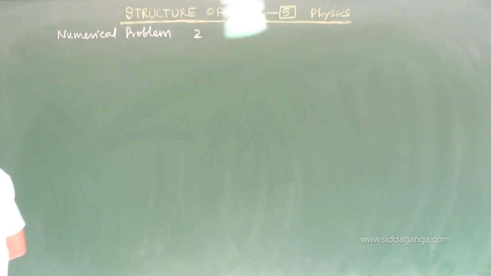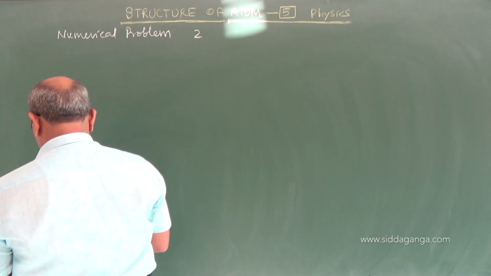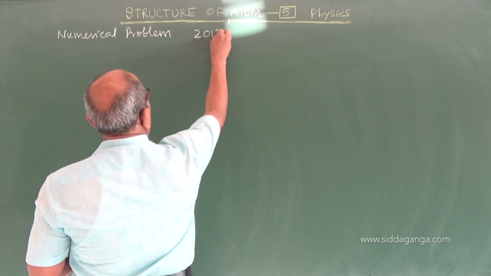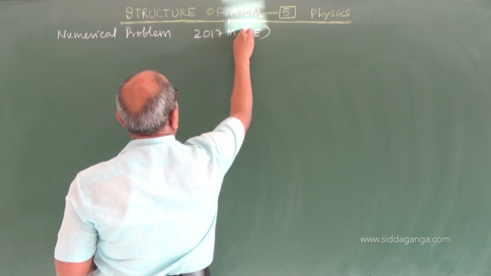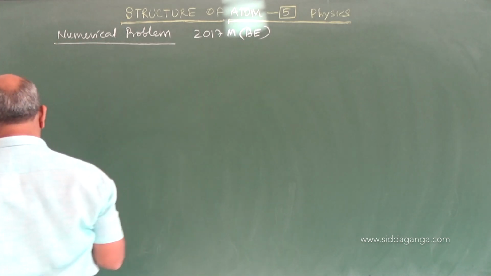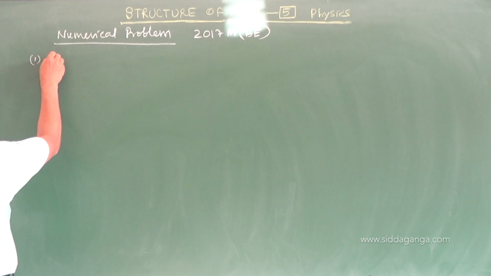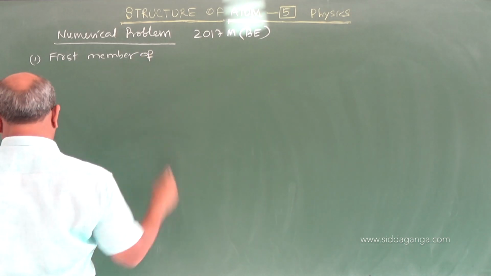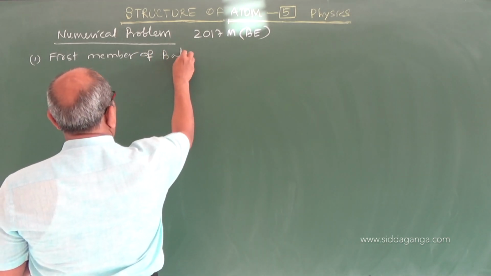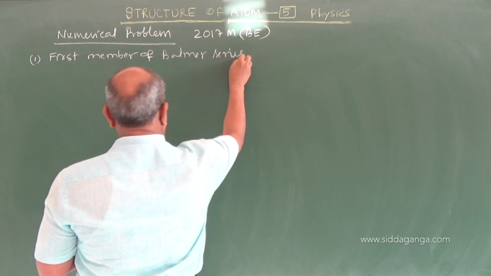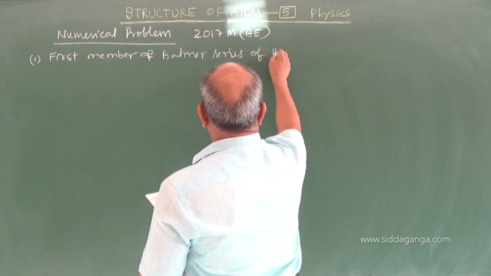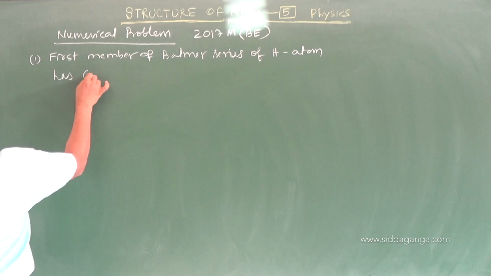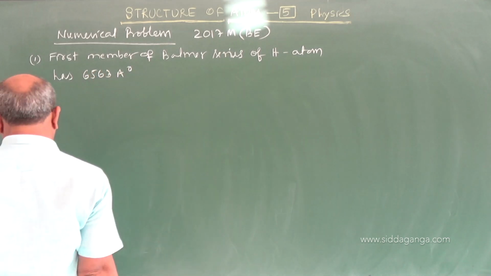Let's come to the question that appeared in the 2017 March board examination. The first member of the Balmer series of hydrogen atom has wavelength 6563 angstrom.